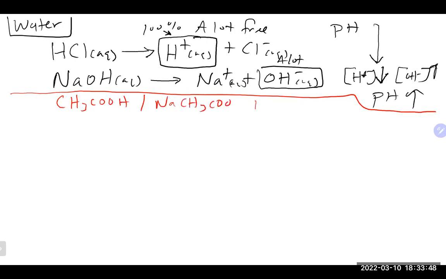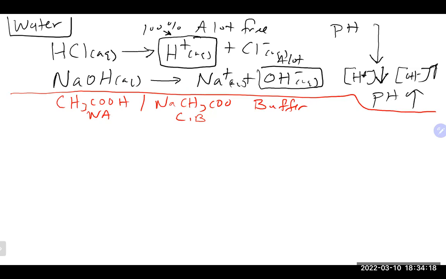This is a buffer because this is a weak acid and this is the conjugate base, or the salt of the conjugate base. In the buffer beaker, they are both in there. So we've got some acetate floating around, and we've got the acetic acid floating around. When you think about a buffer, it has an acid component and a base component in it together to begin with.